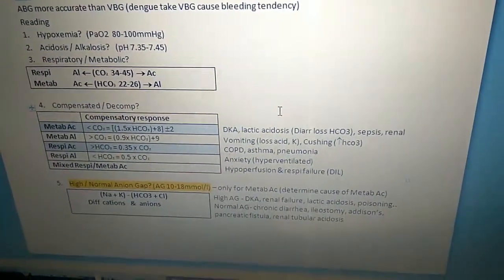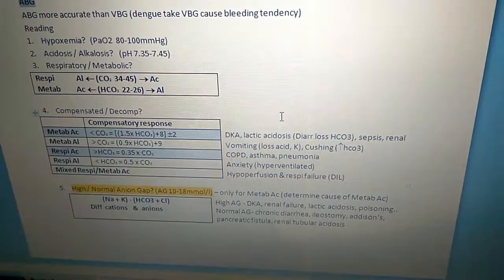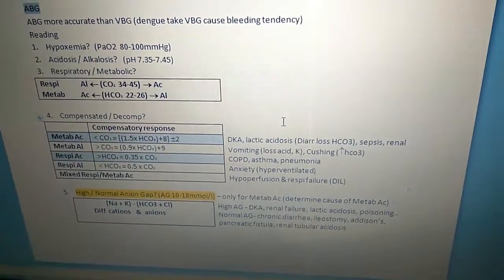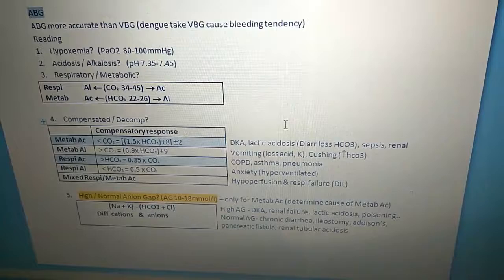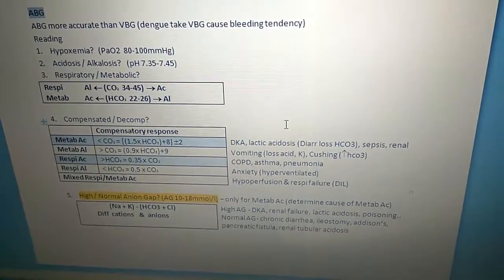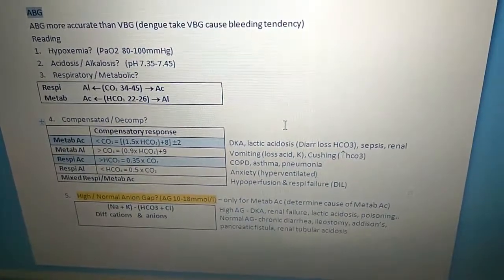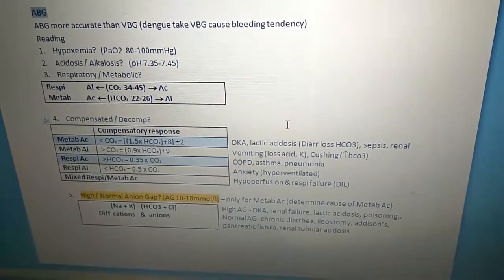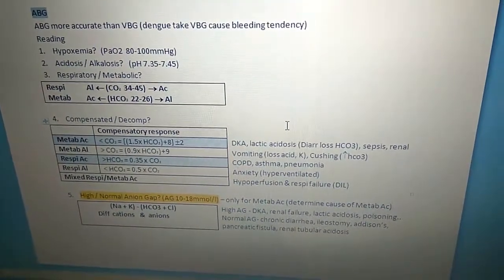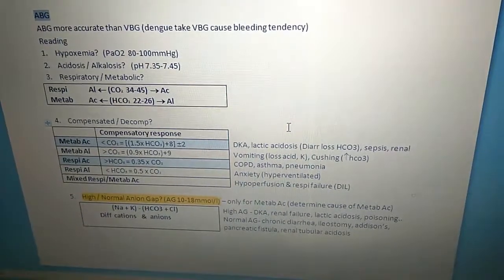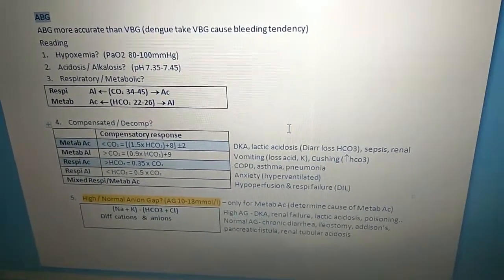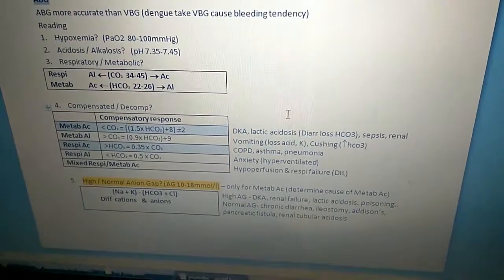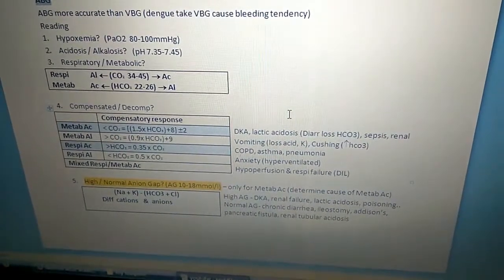The common causes of metabolic acidosis are DKA, lactic acidosis, diarrhea because there's loss of bicarb, sepsis, renal problem. Metabolic alkalosis can be caused by excessive vomiting due to loss of stomach acid and potassium, or Cushing due to overproduction of bicarb.